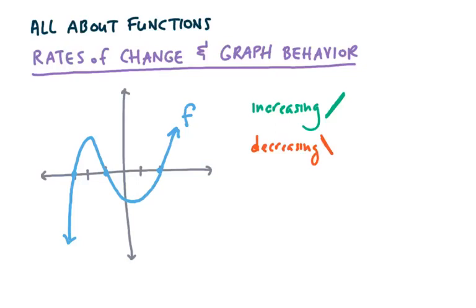So just looking at this function, I'm going to make sure we're all clear on a couple points. I didn't draw this super easy to tell. So let's say that this peak right here occurs around -2, and then this little valley occurs around 1.